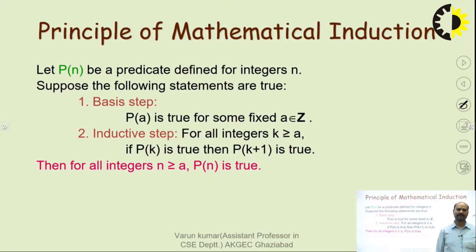For the inductive hypothesis, if our predicate is true for P(1), then it is also true for P(2). And if our predicate is true for P(2), then it is also true for P(3), and so on up to infinity. So we can say that for all values of n, this particular function or predicate is always true.